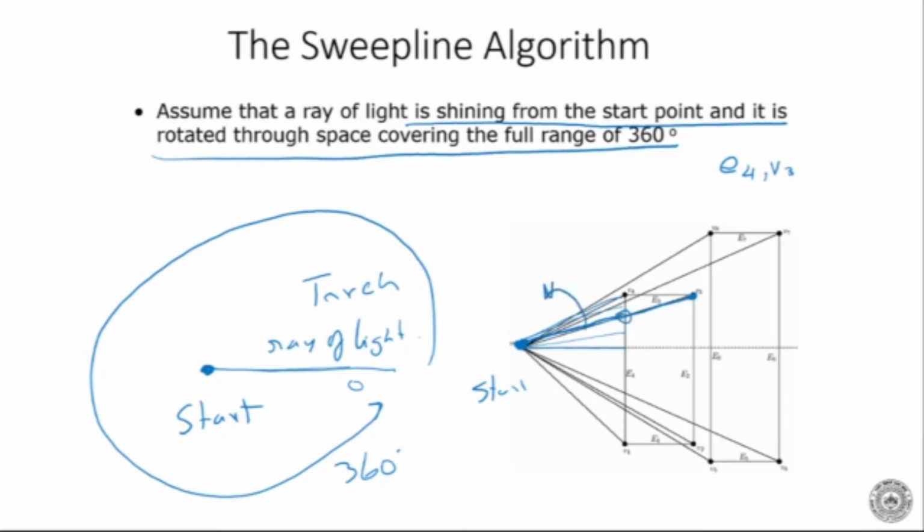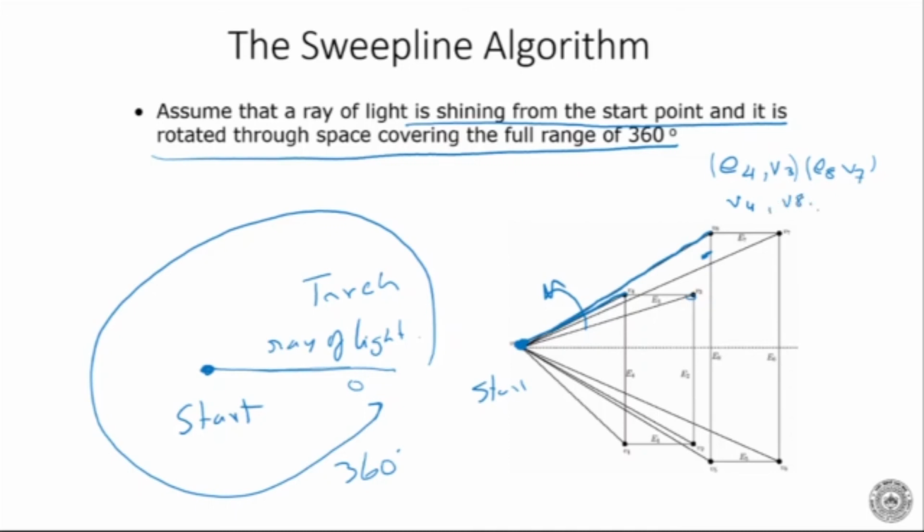Then as it is sweeping more that side, it is hitting this edge, which is E8, and it is getting the vertex V7. Now we sweep it a little bit more. At this point it is hitting no edge, but it is hitting the vertex V4. Further we sweep, we are hitting V8.